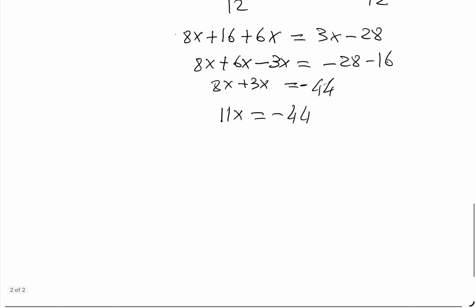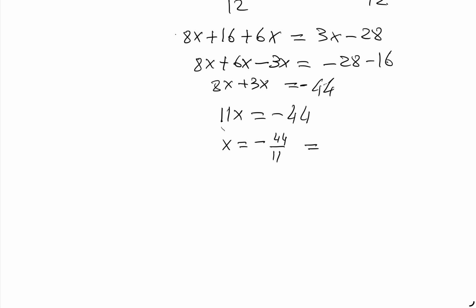I believe so, 7 and 4, 1 is 44. So if you divide both sides by 11, x is equal to negative 44 divided by 11. So this means x is equal to negative 4.